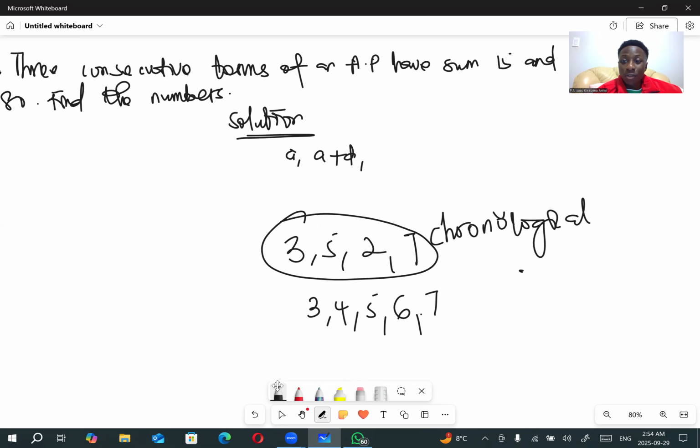You can even use the formula and still arrive at some variables. You know the general formula to calculate the nth term, right? If you do it well, you get a plus 2d.